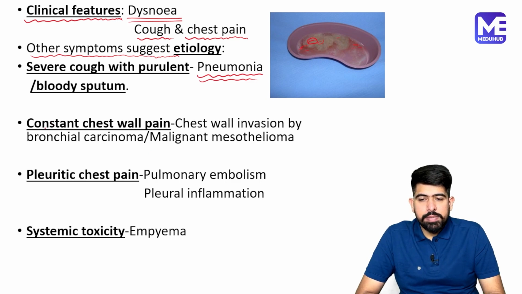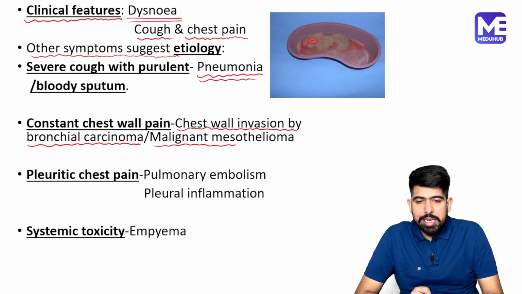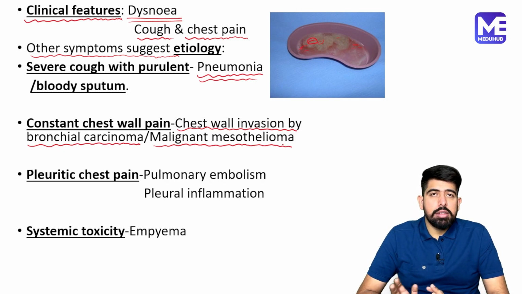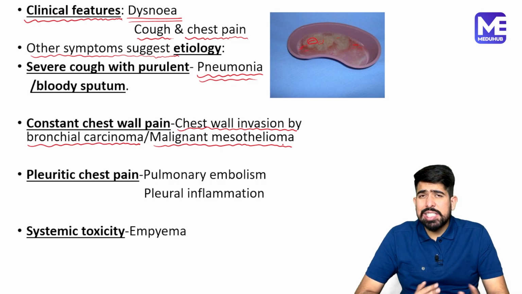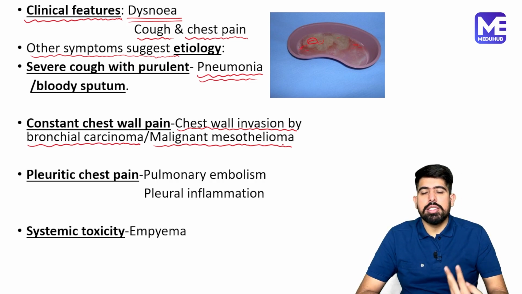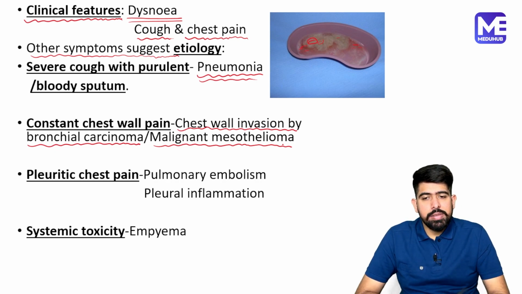And constant chest wall pain, when the chest wall is invaded by bronchial carcinoma, or maybe malignant mesothelioma. Due to this chest wall invasion by carcinomas and mesotheliomas, it can cause constant chest pain.